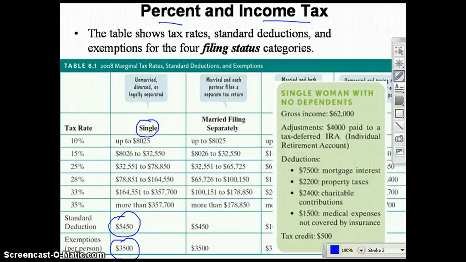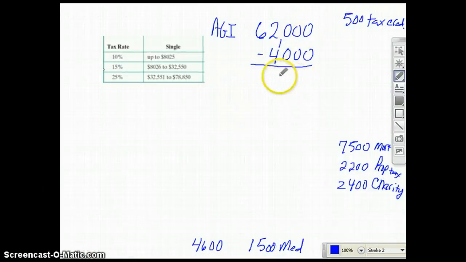Good question. This is the information, and we're trying to figure out the AGI. Her gross was 62,000, and we're subtracting 4,000, which is 58,000. Now she had some deductions: the mortgage, property tax, and charity, but there was also medical.